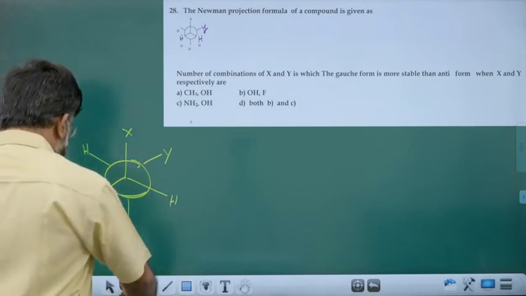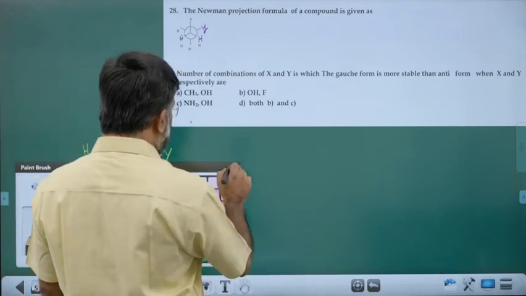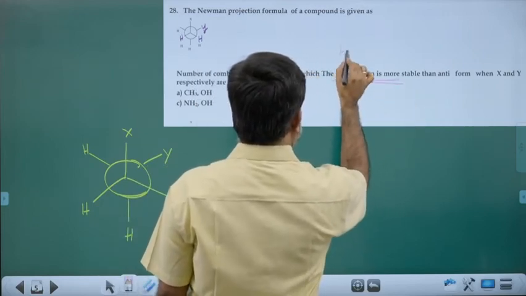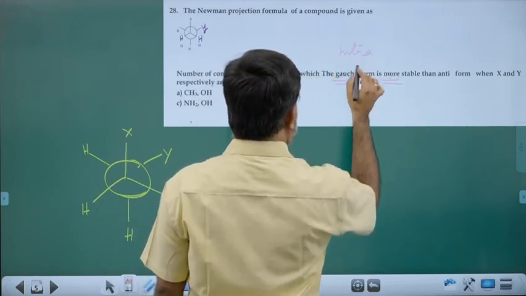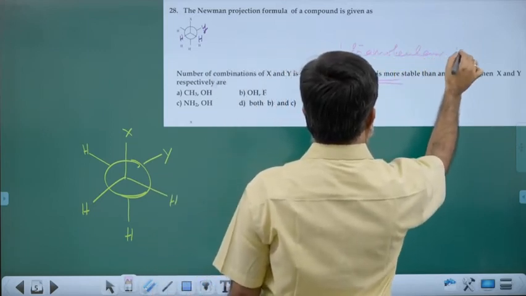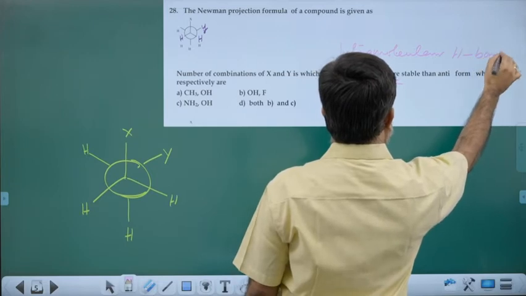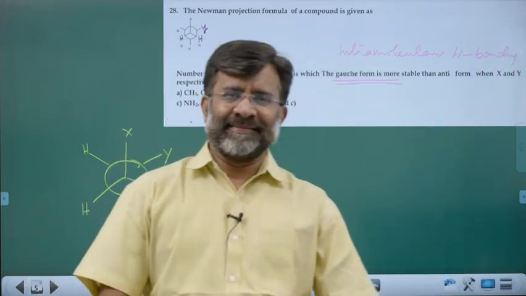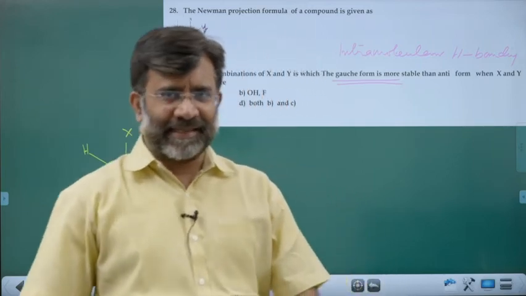You see, my dear children, the gauche form stabilizes when there is intramolecular hydrogen bonding. With intramolecular hydrogen bonding, the gauche form can stabilize. You might have seen some examples.